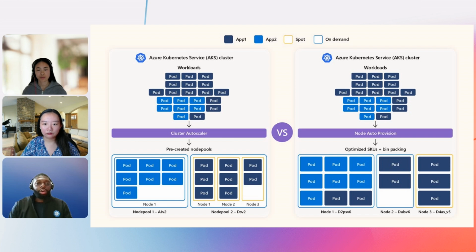Whereas node auto provisioning does the provisioning as well, for single-instance VMs, in whichever amounts you need. In both scenarios, you can leverage spot or on-demand resources, but with node auto provisioning you can have those in the same groupings, whereas for cluster autoscaler that might be slightly different. Again, there's the bin packing opportunity for both, but in particular, node auto provisioning is pretty exciting.